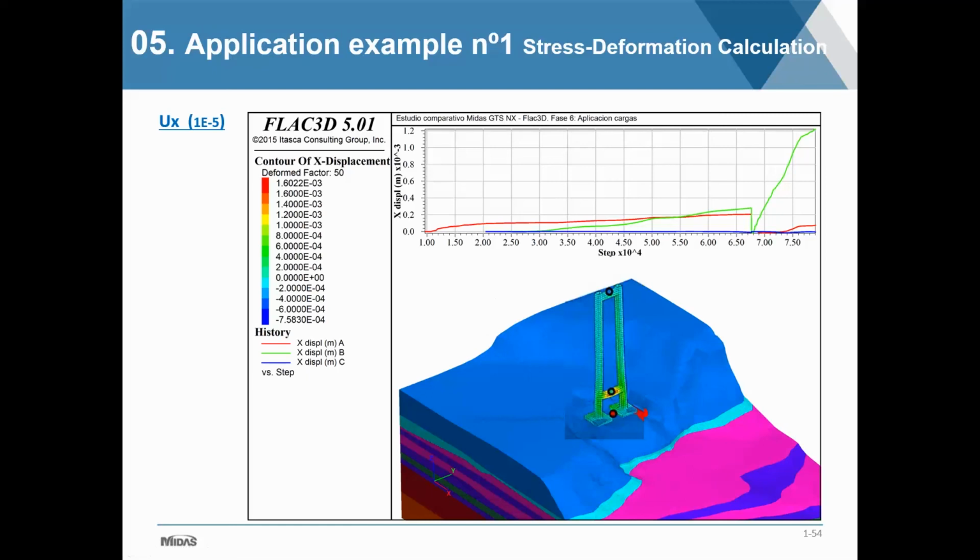Looking at the FLAC results, here we're graphing displacements in the X direction at 3 different points on the pier. As we had said before, the red line is displacement at the very base, the green line is displacement in the middle, and then the blue line would be displacement at the top.